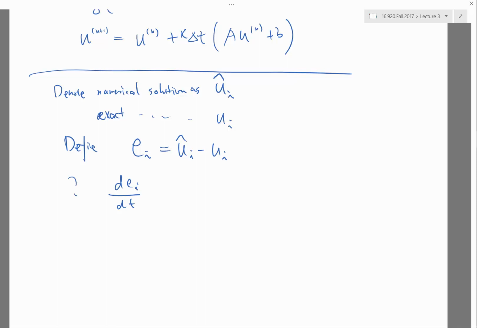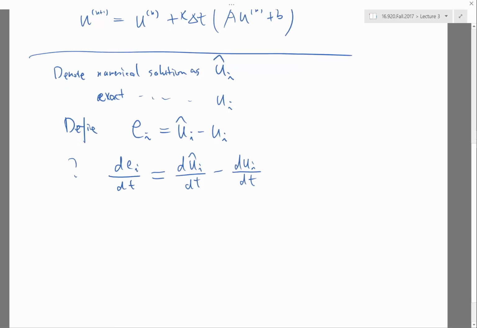How does the error come from? It has to evolve in time, right? So de i dt is equal to du i hat dt minus du i dt, right?